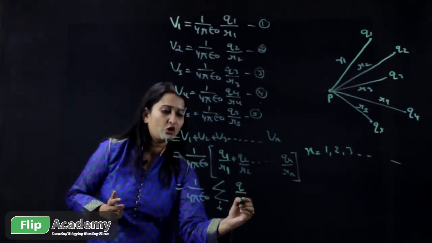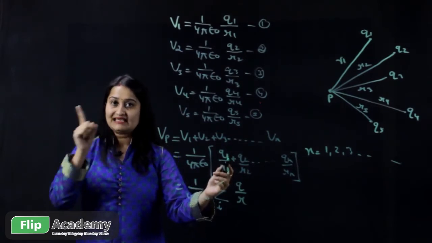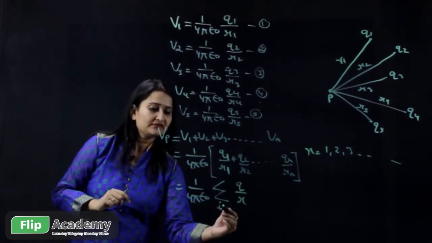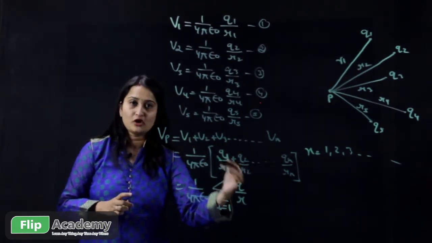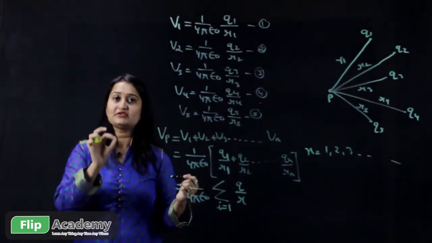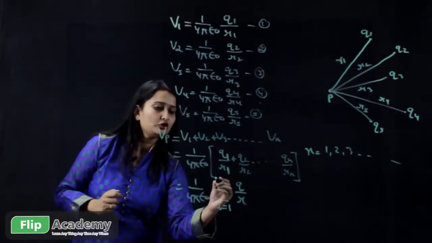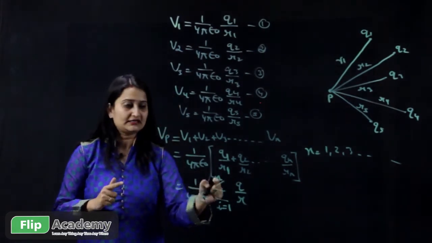Now, what is the initial value? It starts from 1, so the initial value of I becomes 1. It goes on, and the final limit is small n, which is an integer value. You have to represent the final limit n on the summation as well.